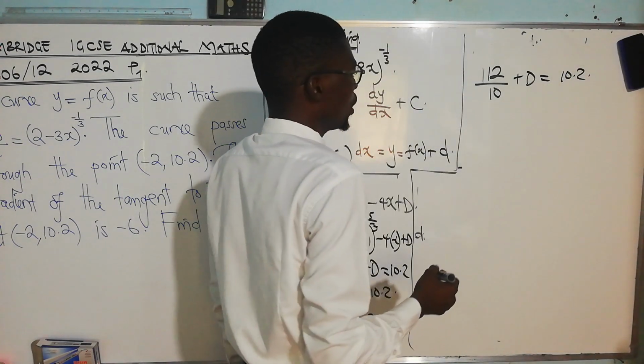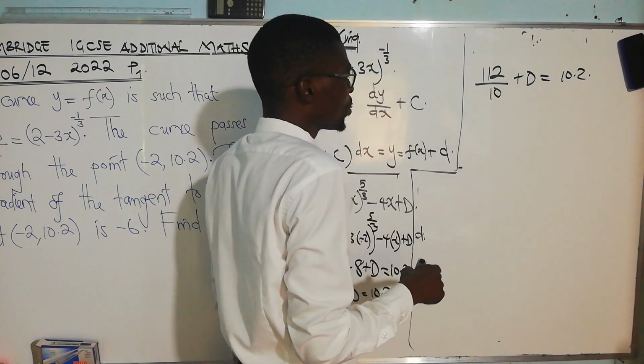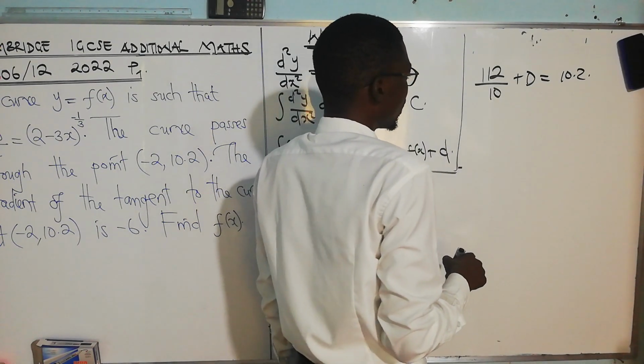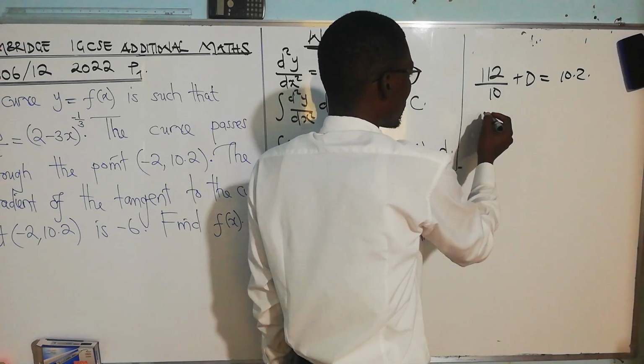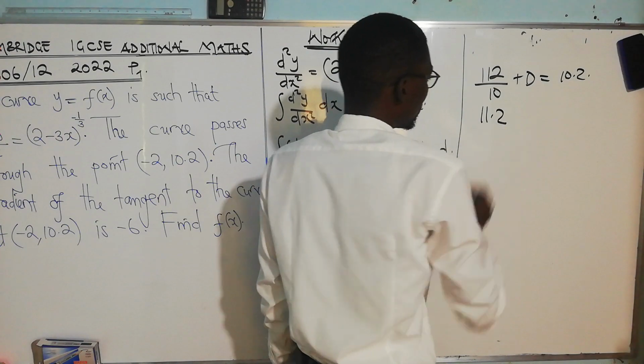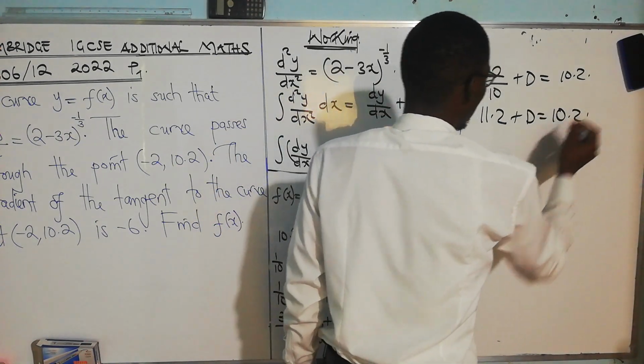Now, what is 112 over 10? It's 11.2, isn't it? So 112 over 10 is the same as 11.2 plus d, giving us 10.2.